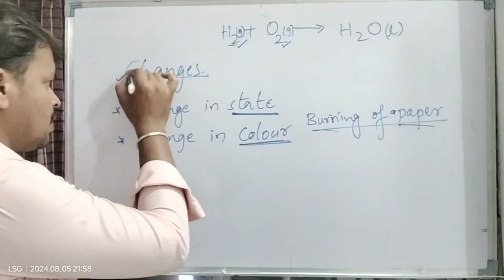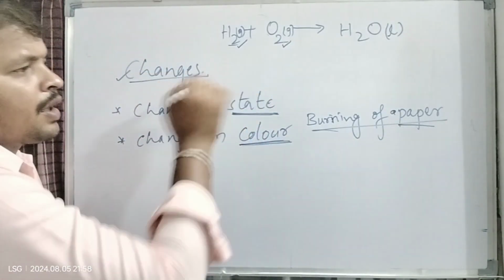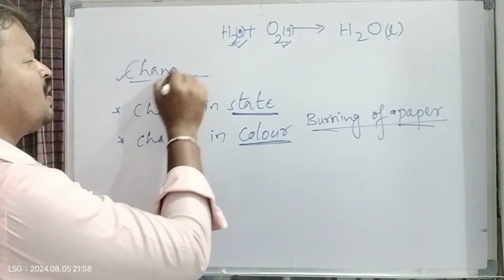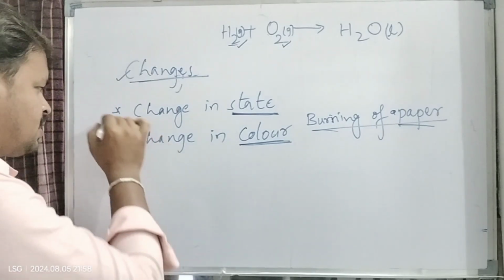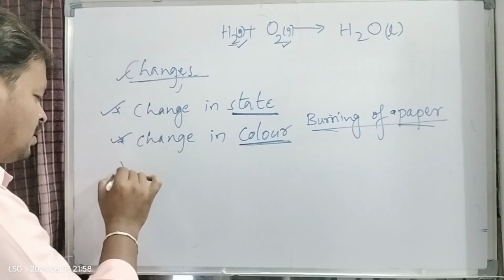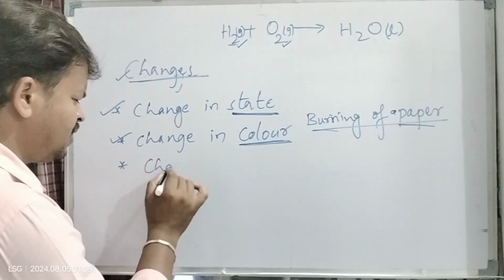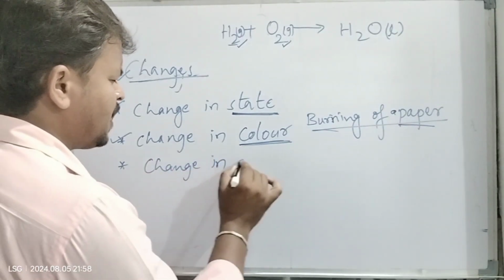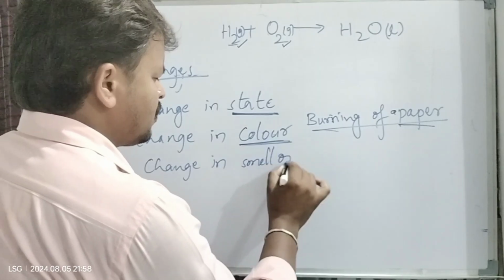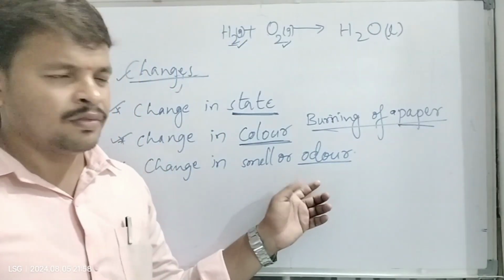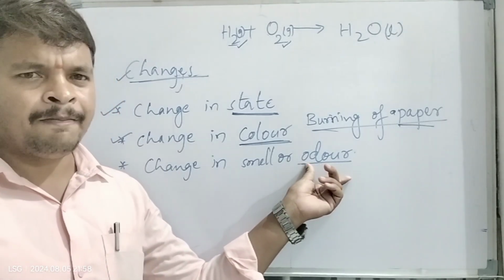So during chemical reactions, you can write that the changes that take place are change in state, change in color, then change in smell or odor. In terms of science, we write odor. Odor means smell.